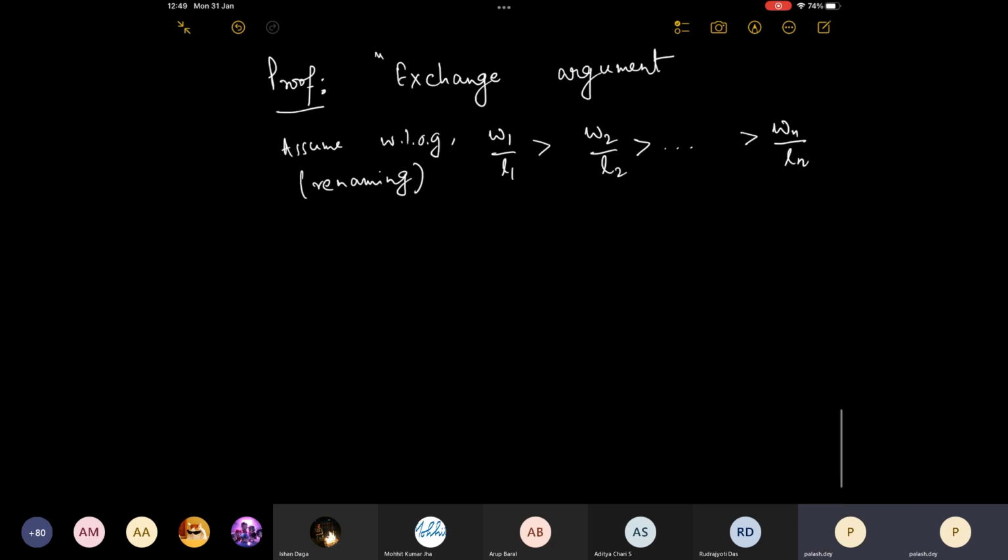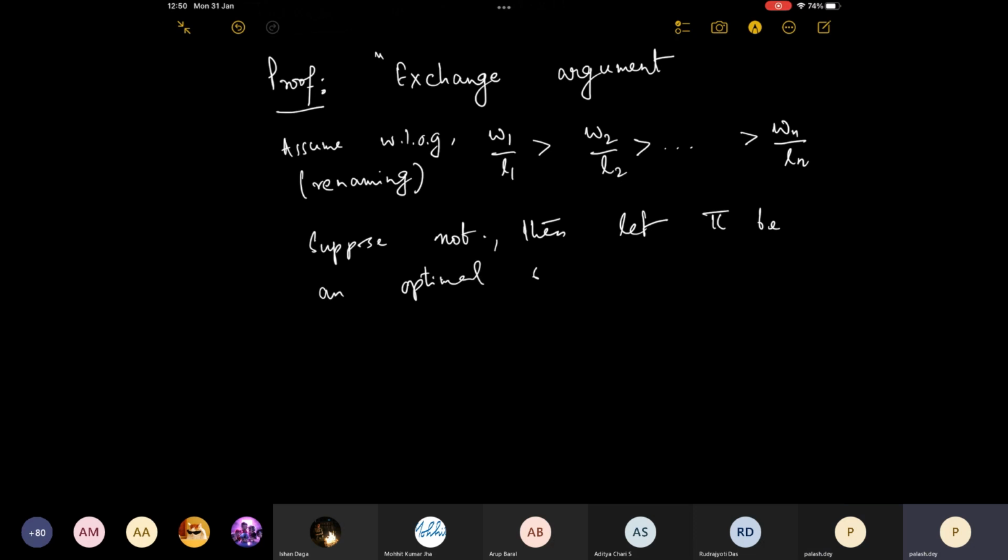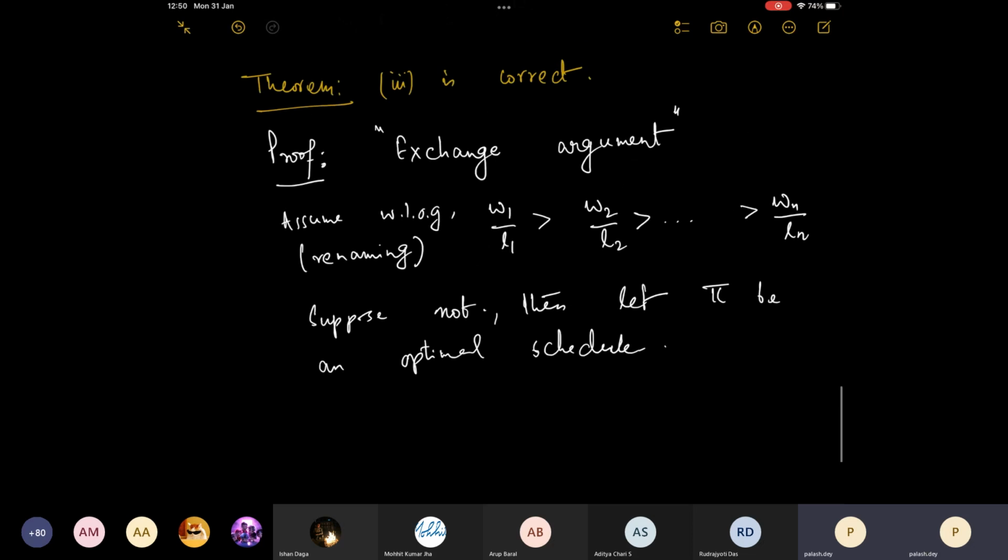Suppose not. Prove by contradiction. Then let pi be an optimal schedule. So pi is some schedule which does not execute these jobs in this order.